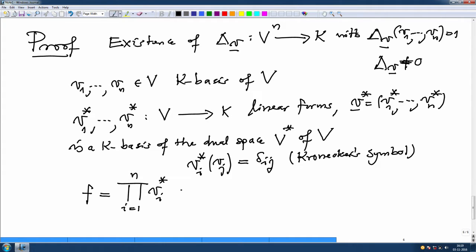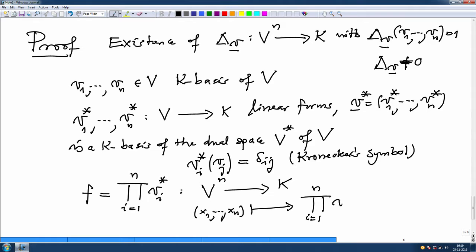Think of this as a map from V^n to k defined by sending any x1 to xn to the product over i from 1 to n of Vi star evaluated at xi. This makes sense, and this is clearly n-multilinear.